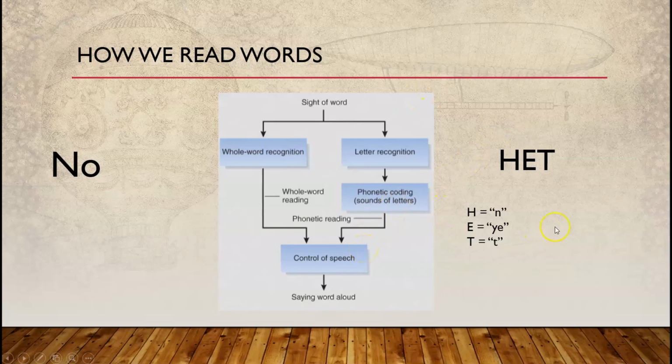So for example, I'm assuming most of you don't know Russian, but I've told you here how you can pronounce these words. Like the letter H is pronounced N, and then E is Y, T is T. So if you were to sound this out, it would be "Niet".